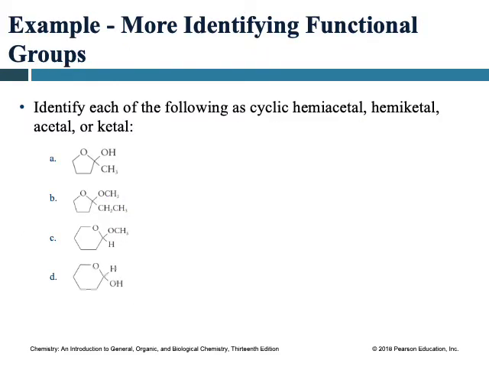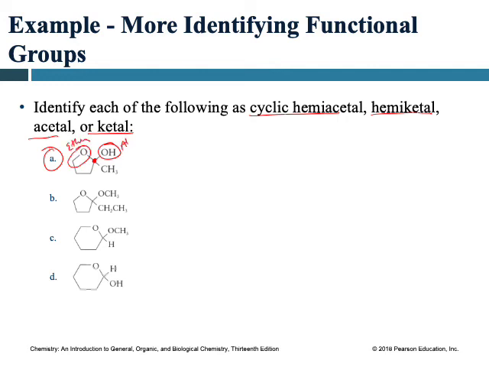So let's do one more example to figure out which one is cyclic hemiacetal, cyclic hemiketal, cyclic acetal, or cyclic ketal. So let's try with the first one. So this is the carbon. This carbon has an OH group. This carbon has an ether group.